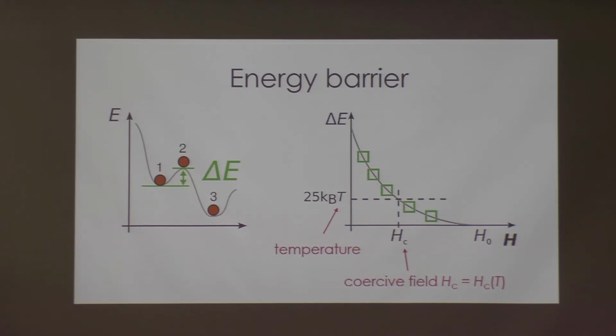But now we have thermal fluctuations, so we don't have to wait until the energy barrier becomes 0. We can use the thermal energy, for example, 25 kBT, to overcome the energy barrier here.